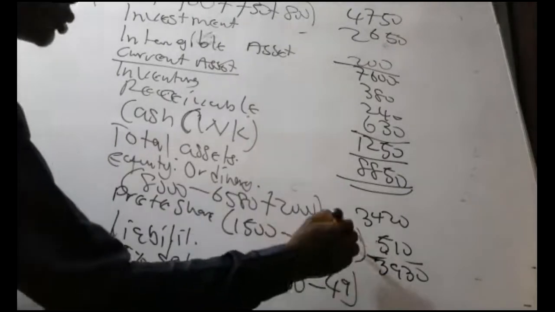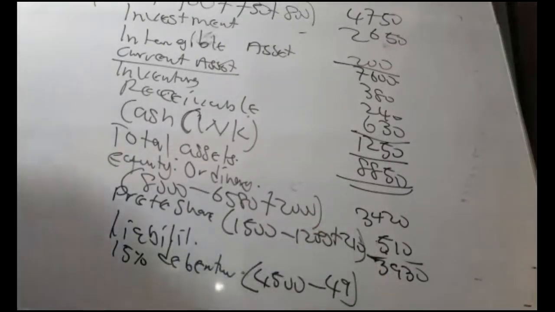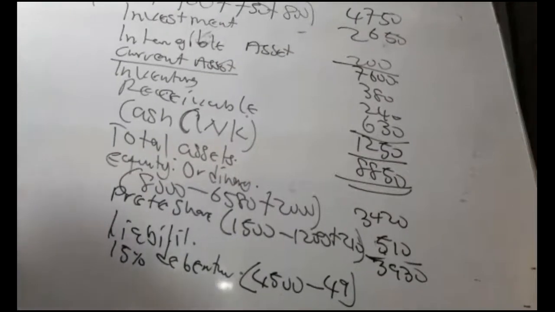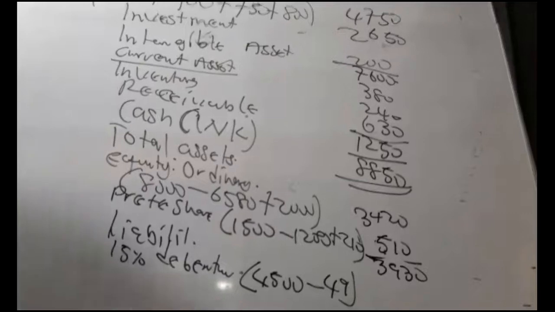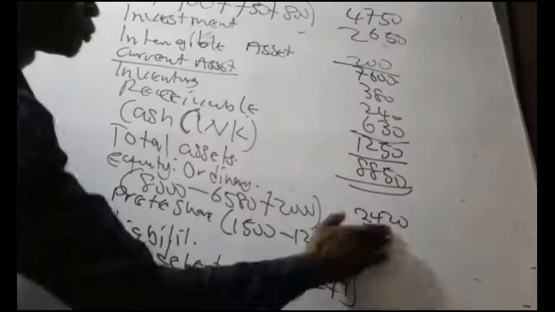It's 210. So is it 460 or 510? Can you confirm for me? A third person should confirm. It's 460, right? They are losing 1,250, and we are adding 210 to it. Good. So it's the 460, right? Perfect.